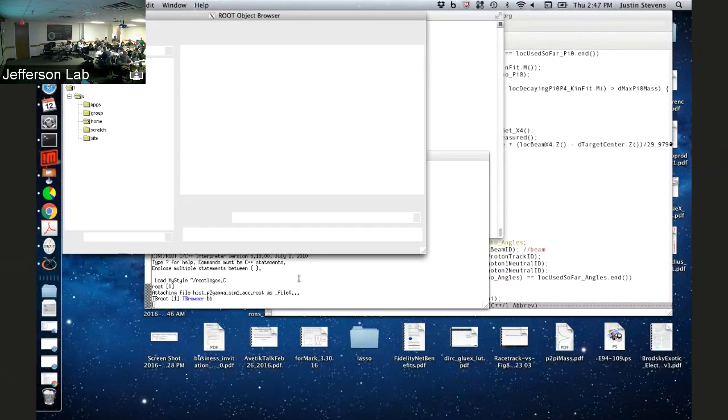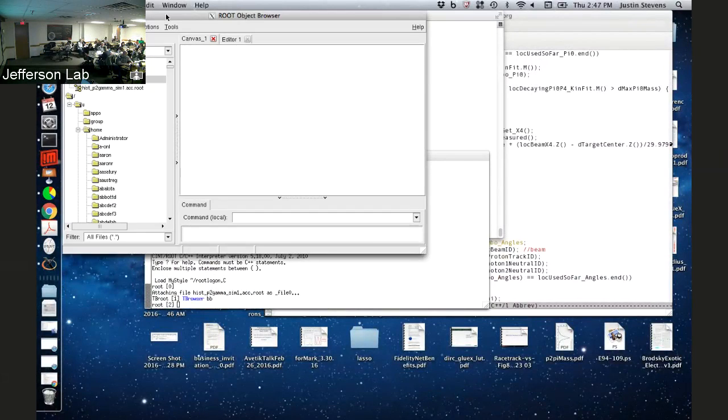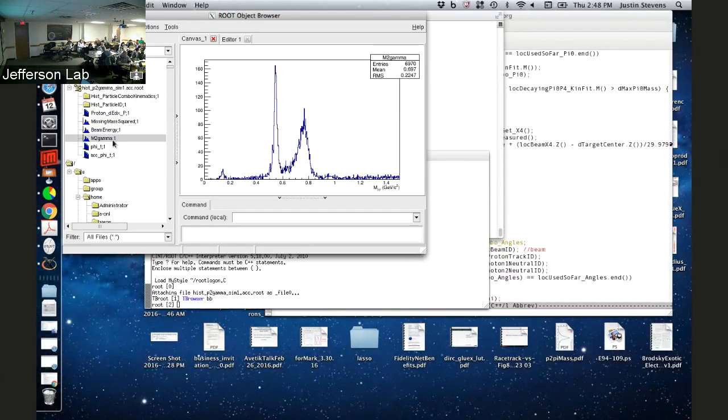So if we look at the sim1 sample, again, there's directories that contain the information from these histogram actions. So we have these particle combo kinematics and particle ID. We have similar plots as before, where the most interesting one for the selection of the pi0 is this M2 gamma, so the mass of the 2 photons.